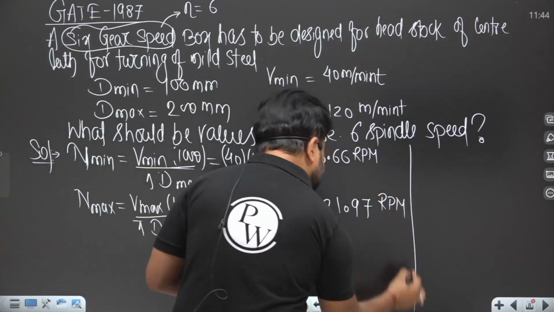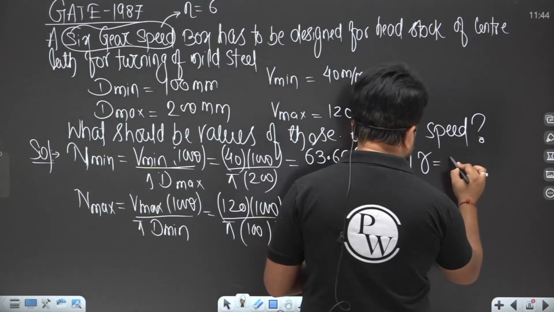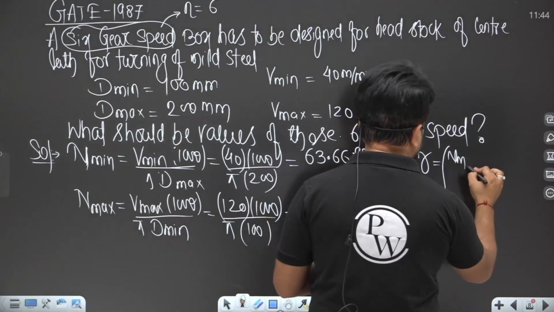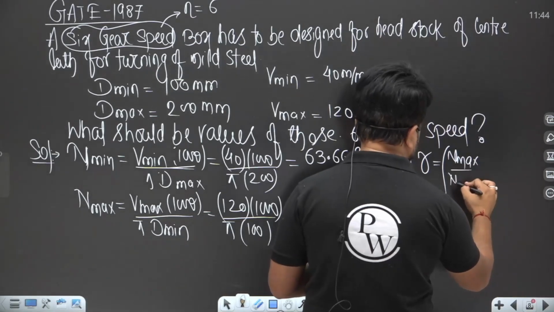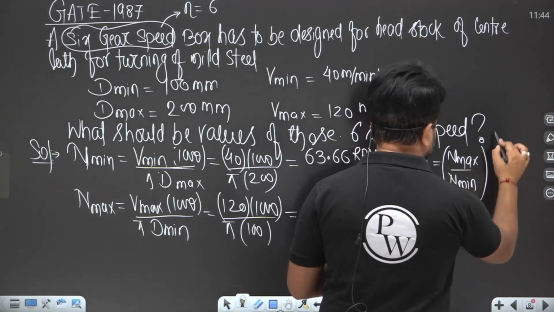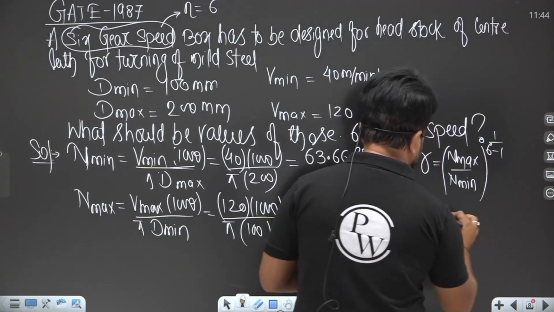Now find out the step ratio. The step ratio R is Nmax divided by Nmin to the power 1 divided by 6 minus 1.